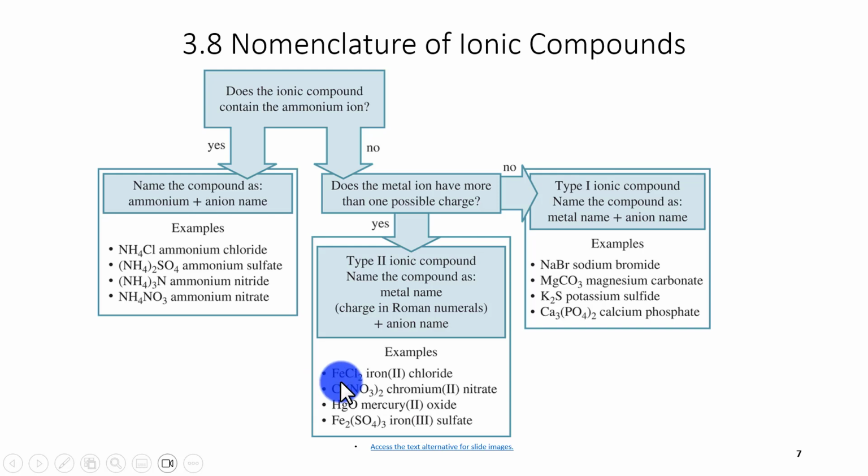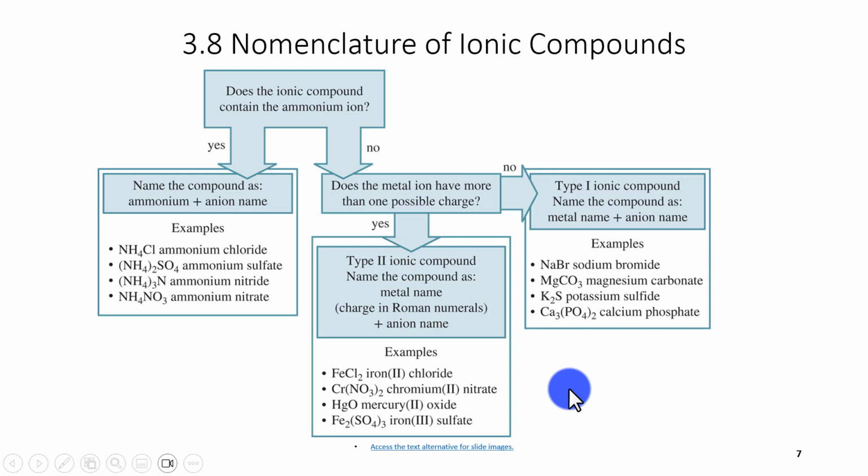Well, since I only have one ion of iron, not 2 or 3, that means that all of the positive charge resides with the iron, which means that it's a +2. And therefore, when I name this compound, I would write the name of the metal, iron, parentheses 2, because that's the charge of the metal, and then chloride, which is the name of the anion.